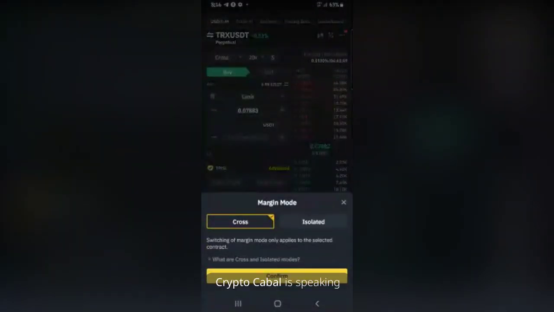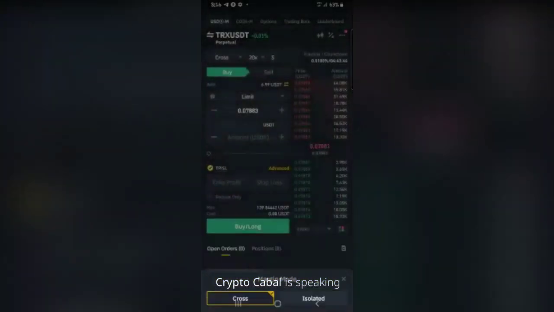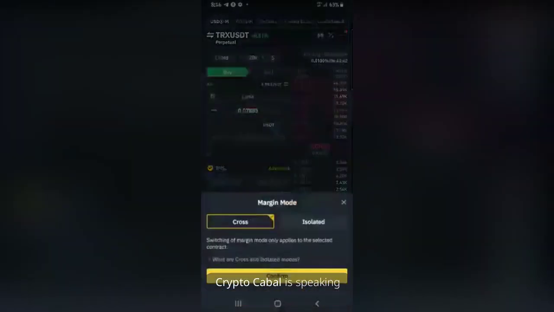Now, if you enter a trade using this cross, let's say you want to long or short using this cross margin. On any trade you are entering, let's say your stop loss is $3. You are willing to risk $3 out of your $7 you have in your wallet.